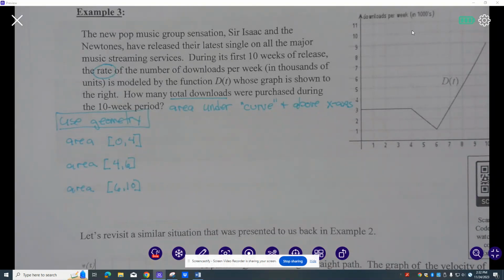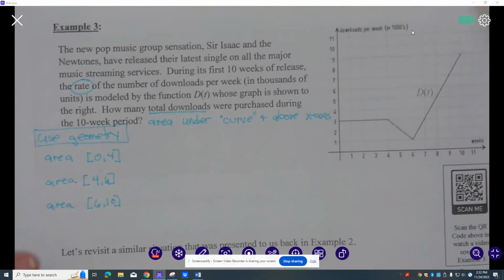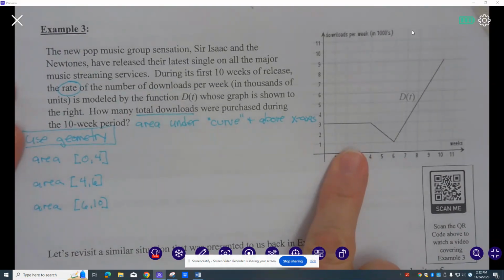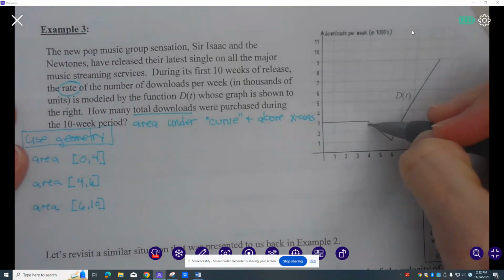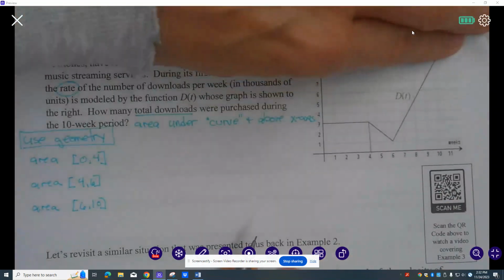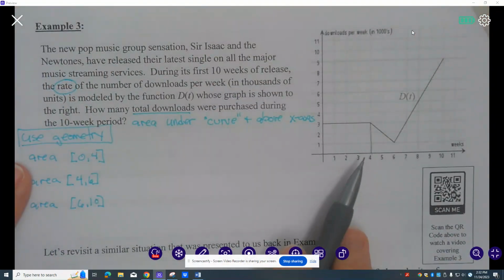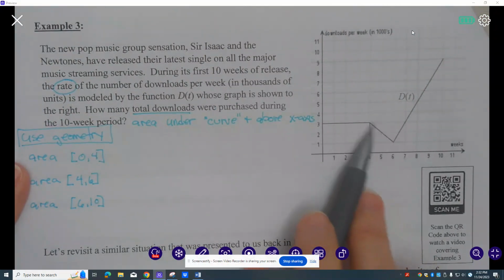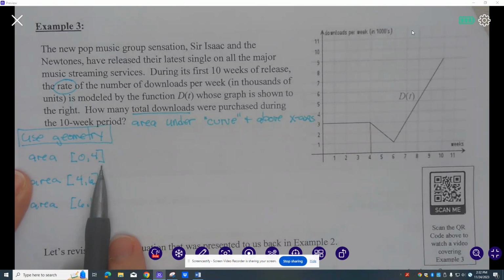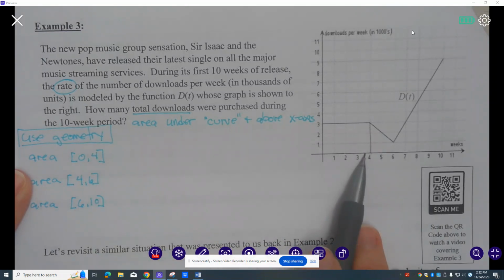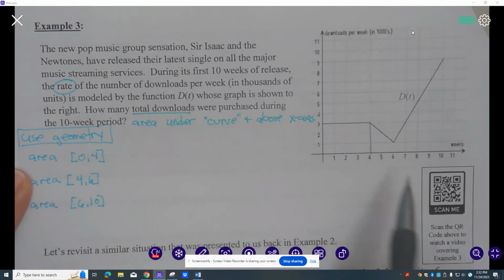We're going to use geometry to find this area because the graph is all straight lines. Look for some nice points to calculate your area. The graph turns at x equals 4, so we can find one area from 0 to 4, the area of that rectangle.